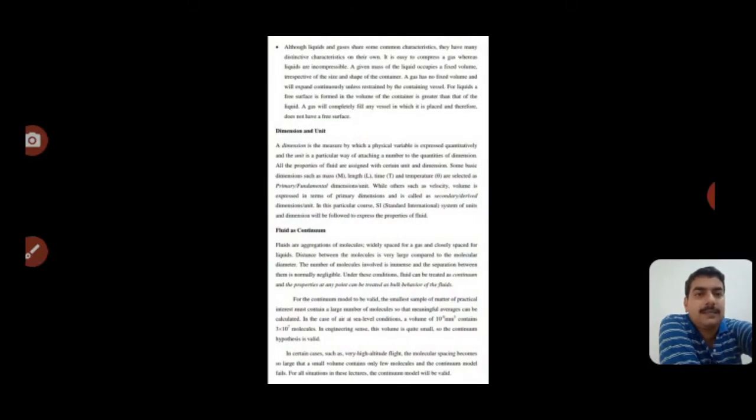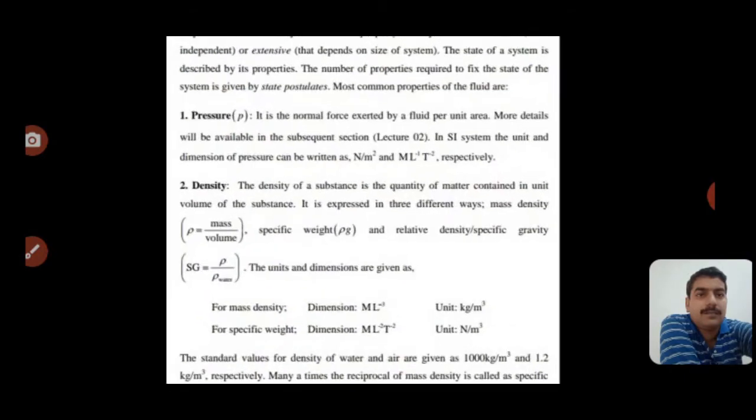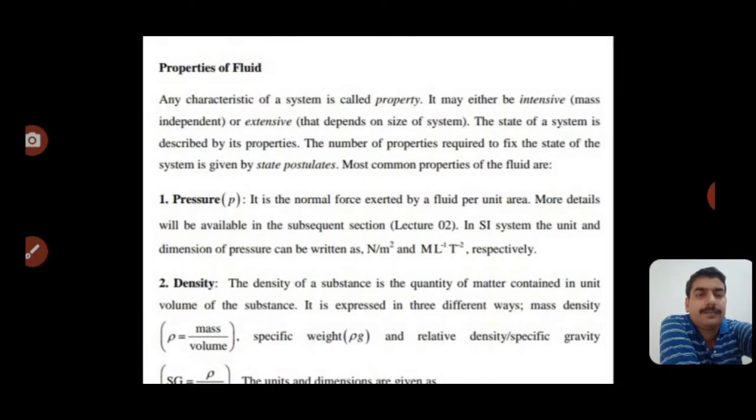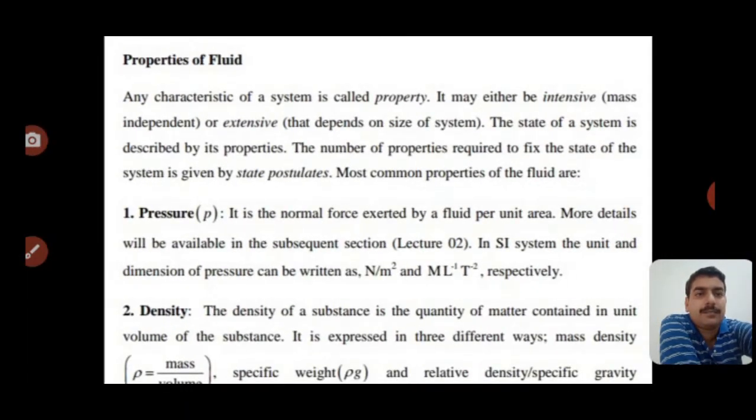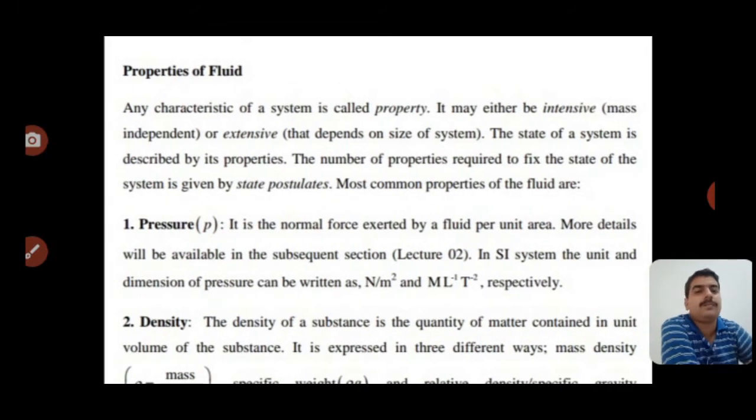Next slide please. Now, that is the properties of fluid. Any characteristic of a system is called a property, like physical property, chemical property, biological, intramolecular, lattice structure, and so on.